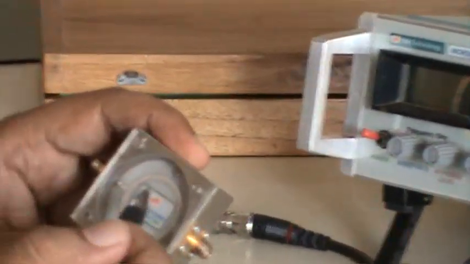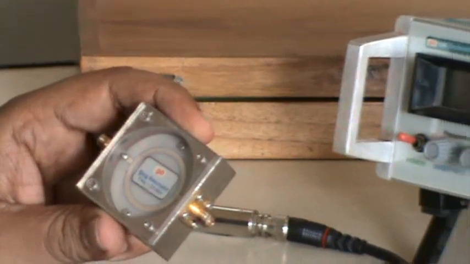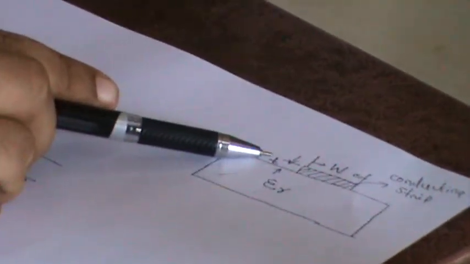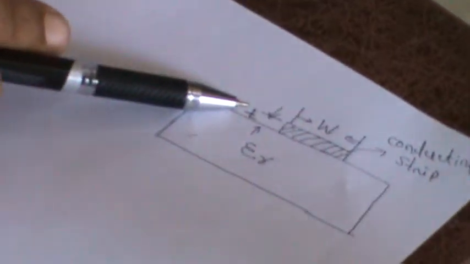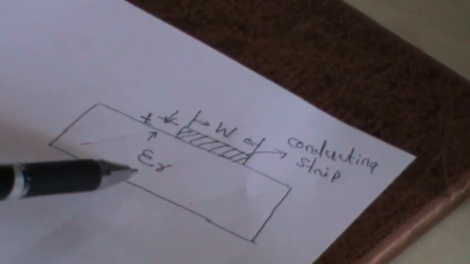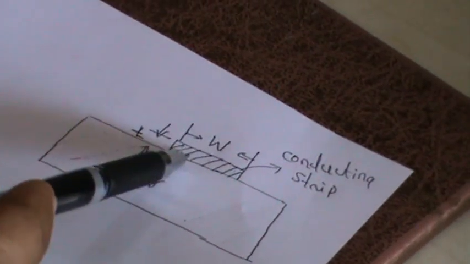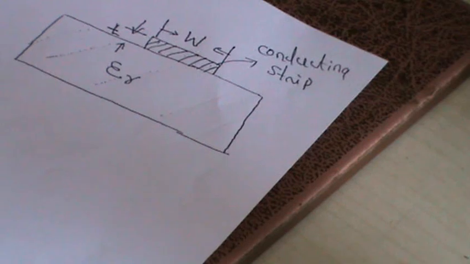This conducting strip has some width and some thickness, which I am representing here: the thickness of the conducting strip, the dielectric substrate, and the conducting strip of width W.